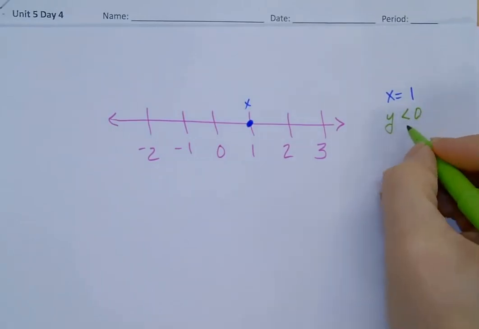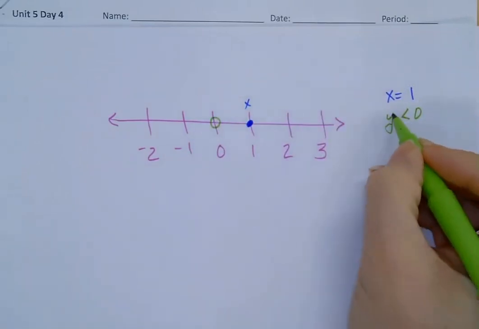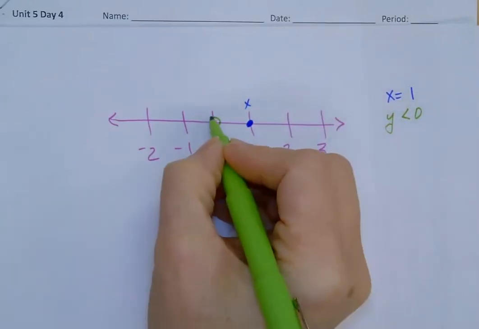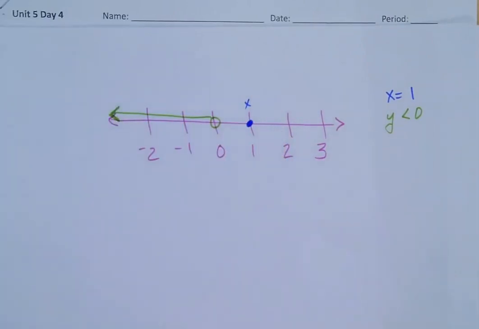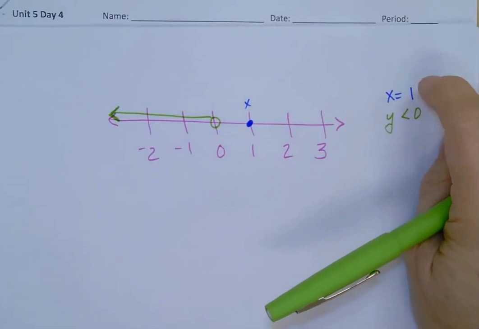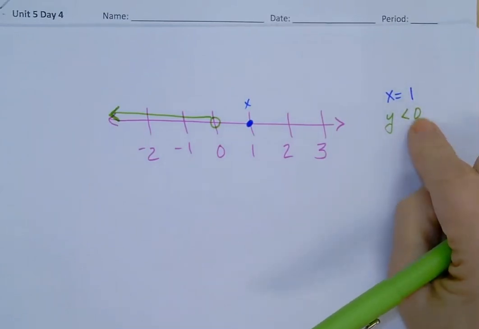If it's less than 0, it's going to be an open circle. So when we're graphing this on a number line, we would have an open circle at the 0. Y can be any number less than 0. So this is just graphing an inequality.